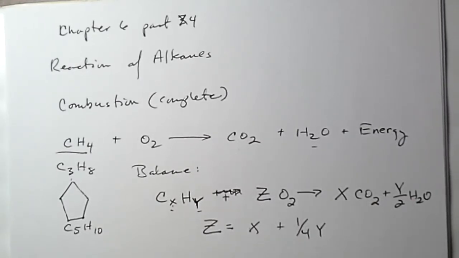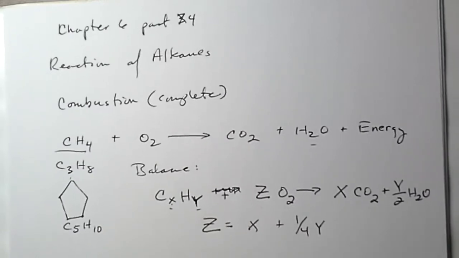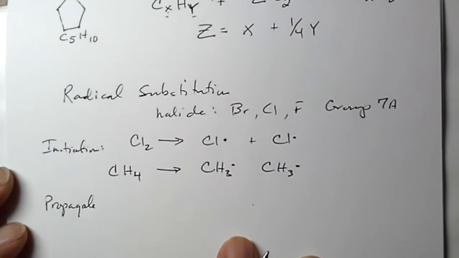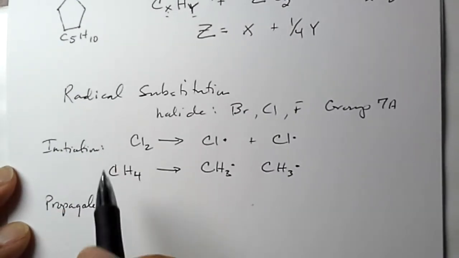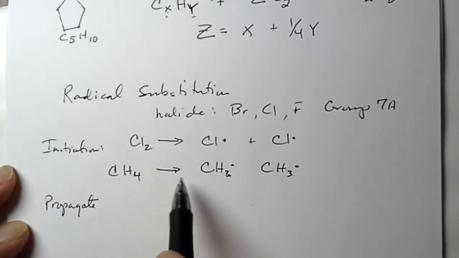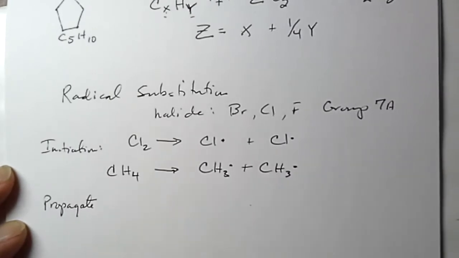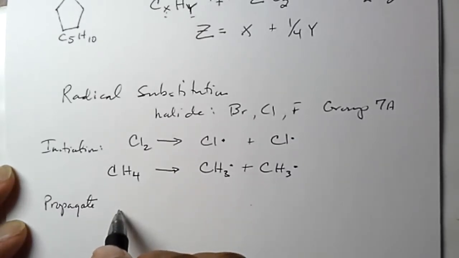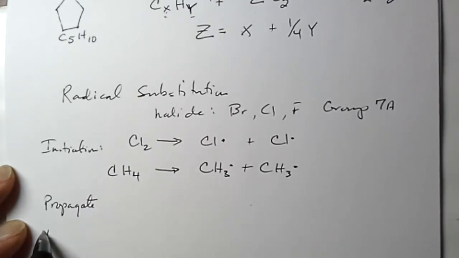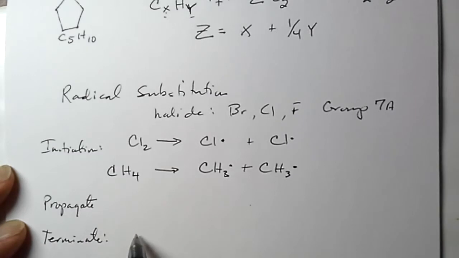We can propagate, or continue to make these radicals, and terminate these radicals by forming radical couplings.